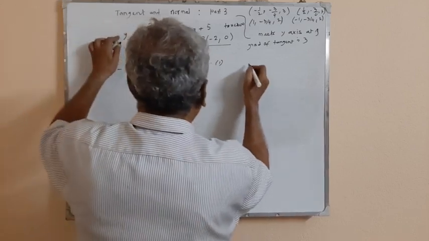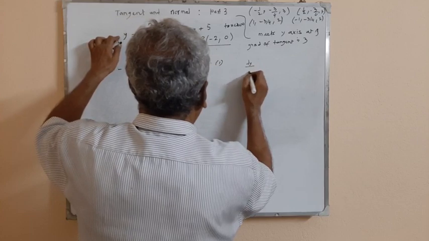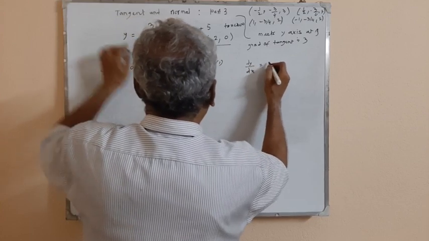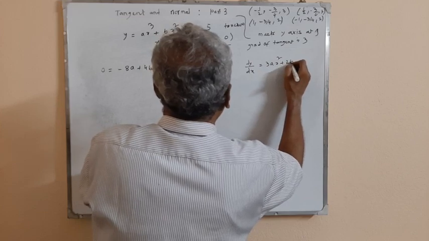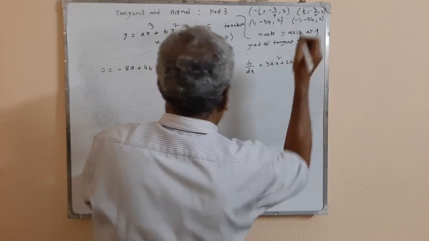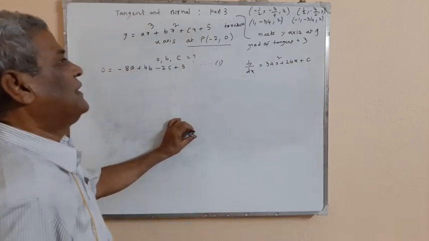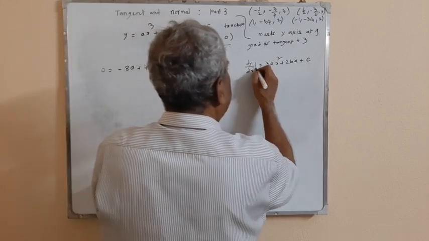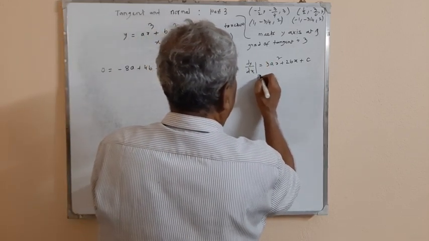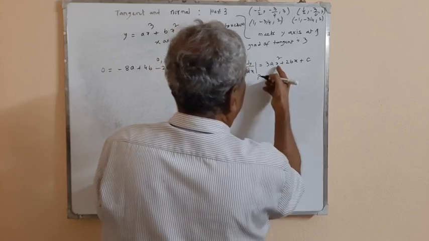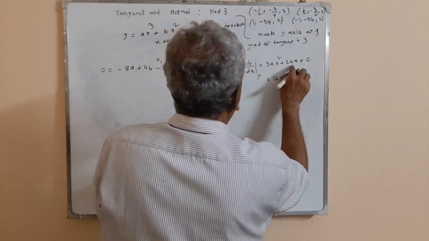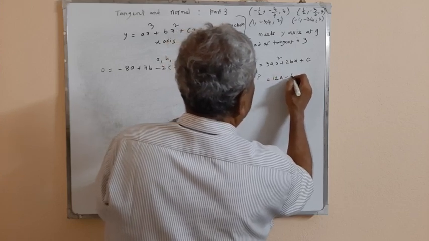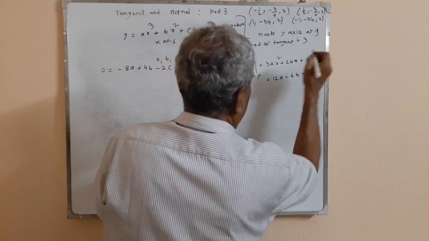Now dy/dx actually is equal to 3ax square plus 2bx plus c, and the gradient at that point P is 12a minus 4b plus c.